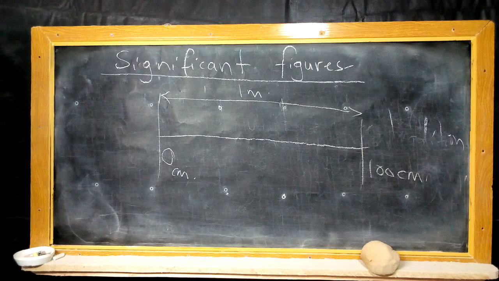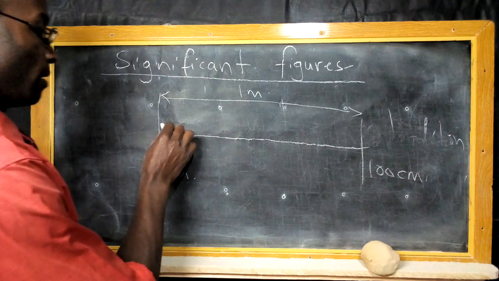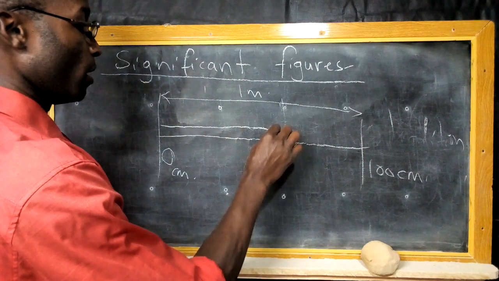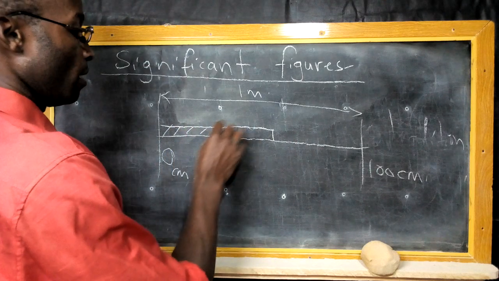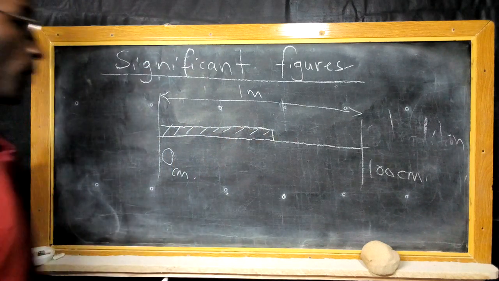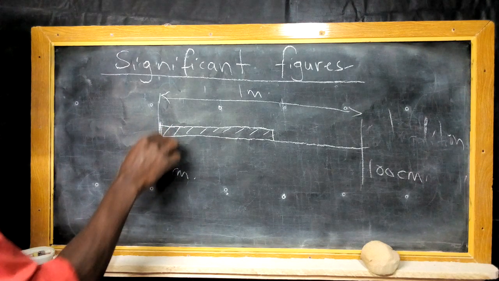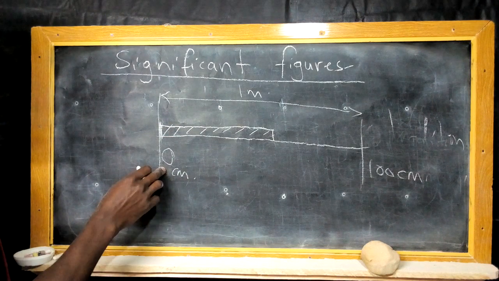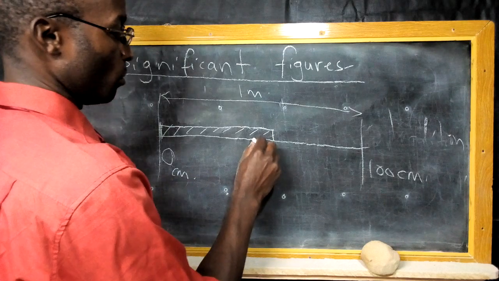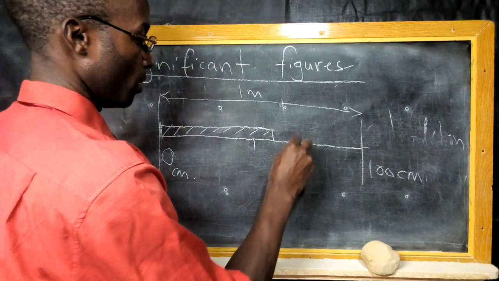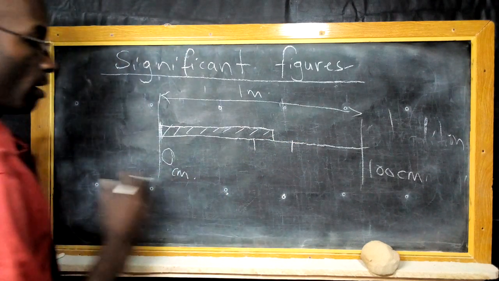Now suppose I have a bar, which can be a metal or wooden bar, that I'm supposed to measure. I bring the starting point of the bar to coincide with the 0 mark, and then I see the extent to which this metal bar stretches across.